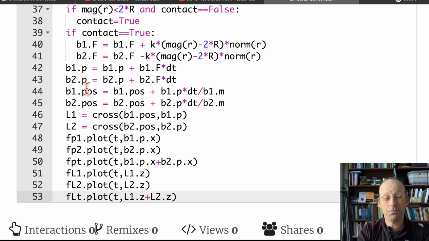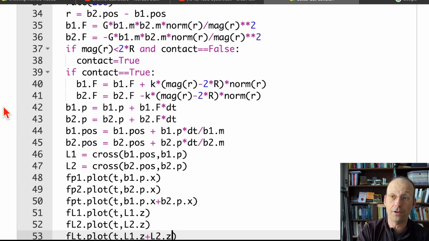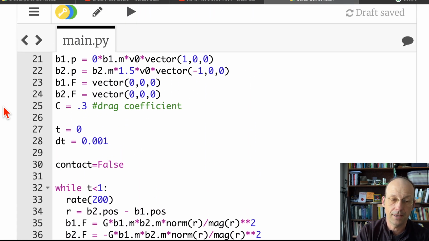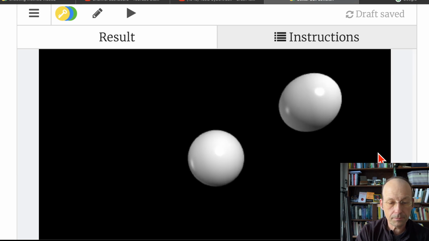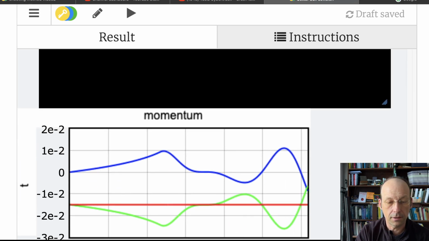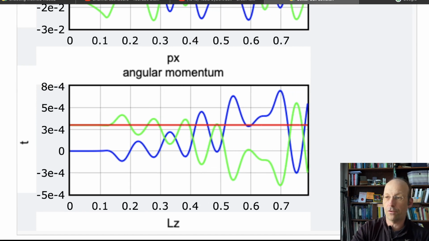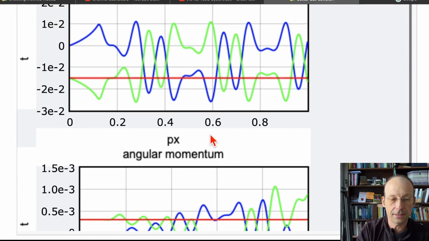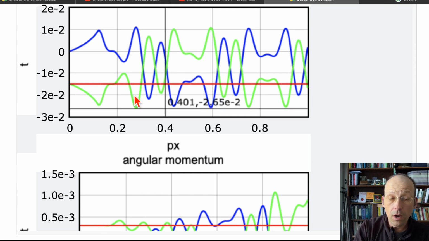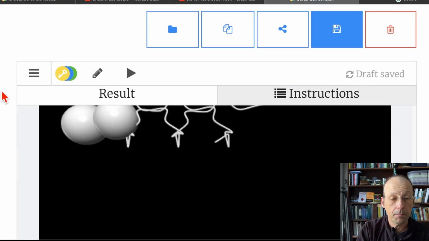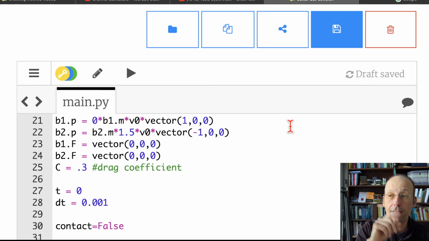If that works, I'm pretty impressed because I put a lot of stuff in there. Okay, there's momentum and angular momentum. Conserved. Okay, that's nice.